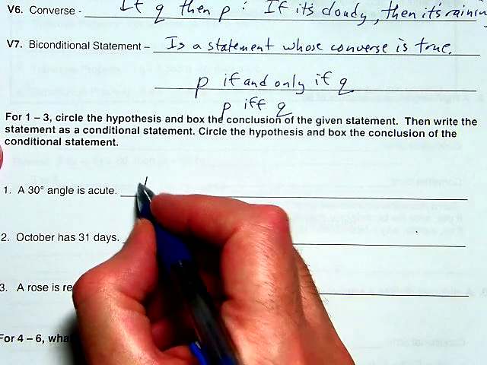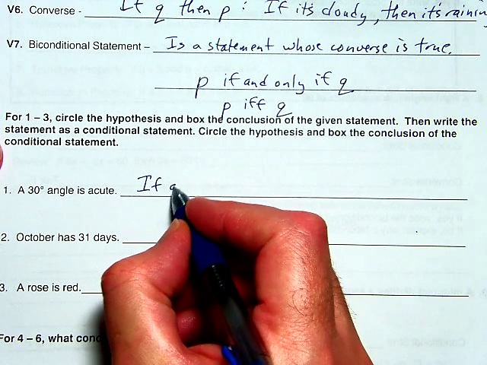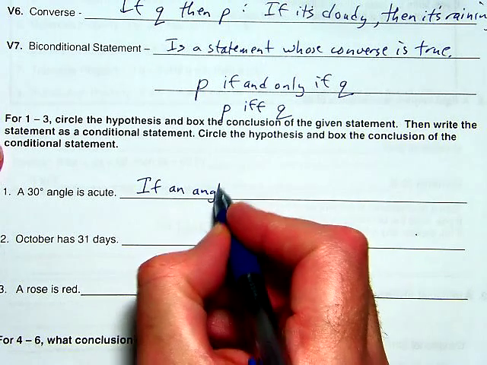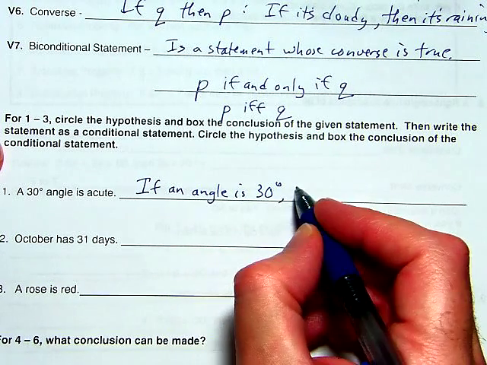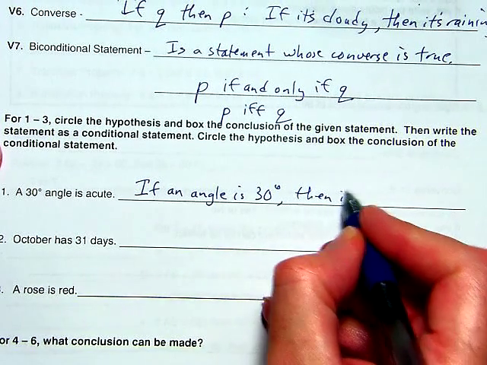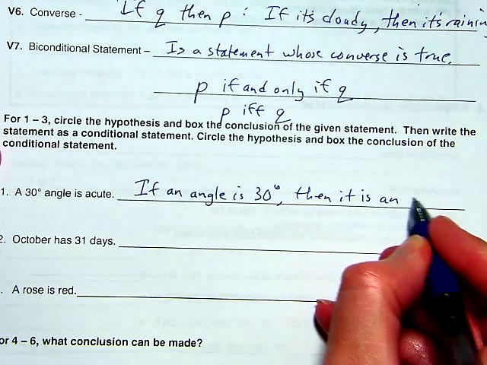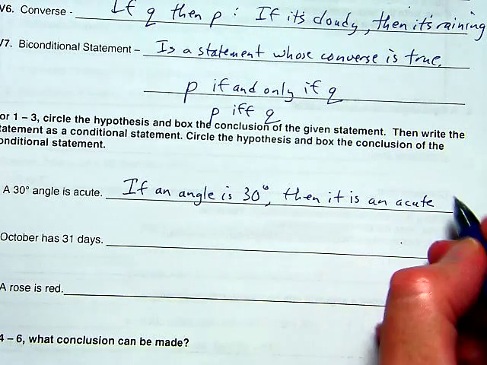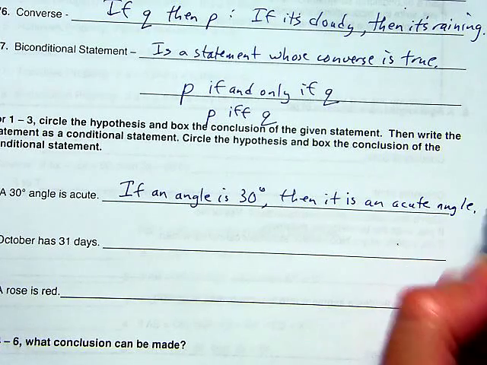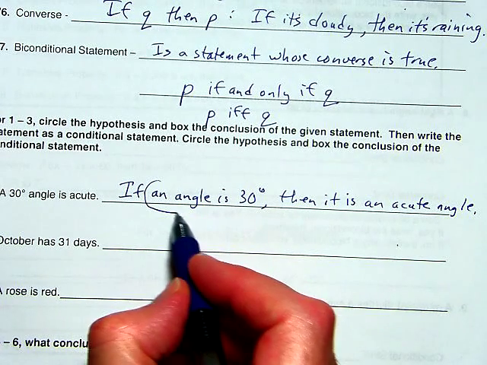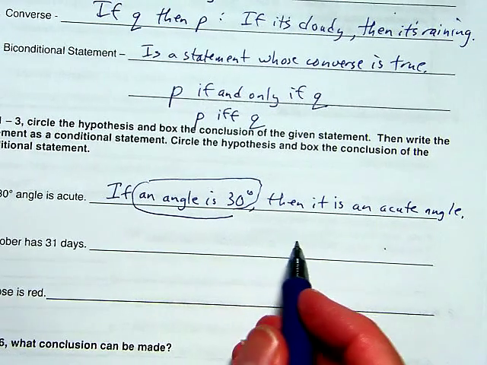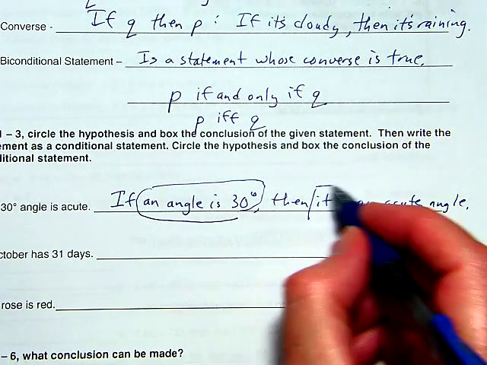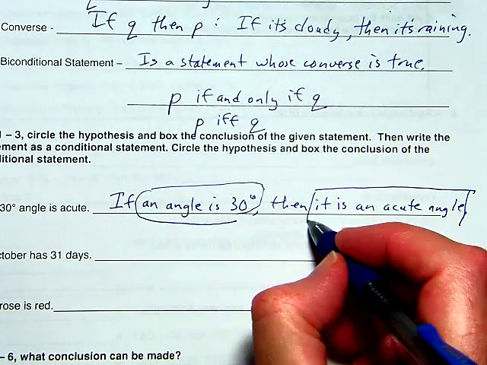So the statement would be, if an angle is 30 degrees or measures 30 degrees, then it is an acute angle. So here the hypothesis is an angle is 30 degrees. We're supposed to circle that. And we're supposed to box it is an acute angle. That is the conclusion.